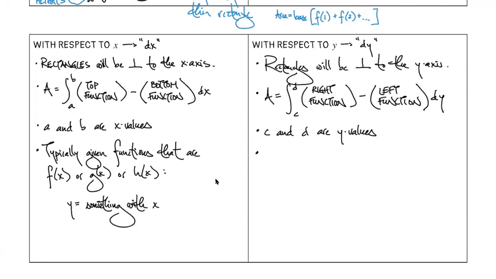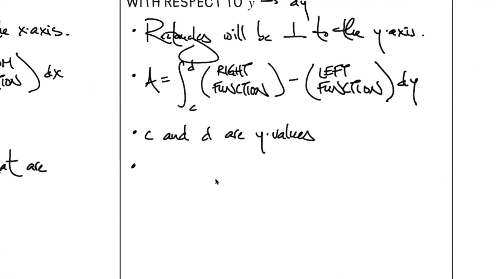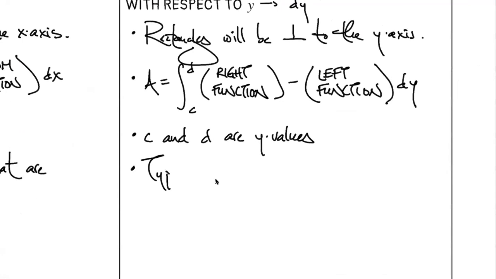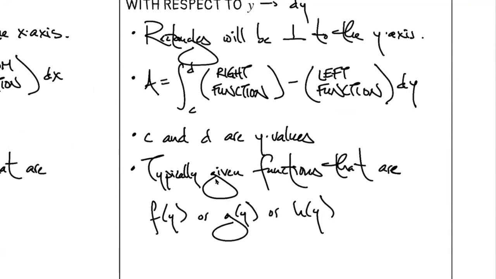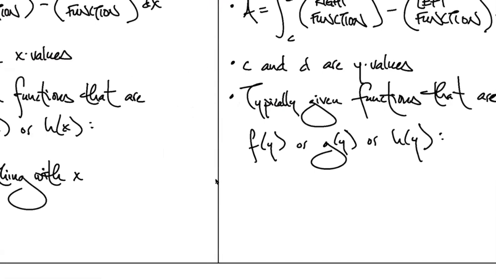And so the last thing I want to modify is the statement: typically we're given functions that are f of x or g of x or h of x, y equals something, something, something. But in our with respect to y, we're going to be typically given functions that are something like f of y or g of y or h of y, whatever letters you want to use.